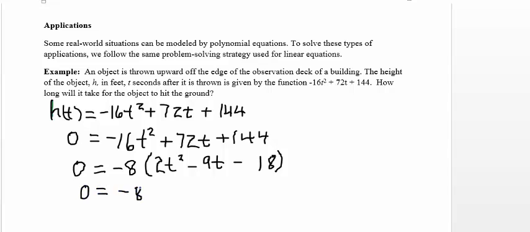So 0 equals negative 8 times 2t squared minus 9t minus 18, and that polynomial factors into 2t plus 3 times t minus 6.